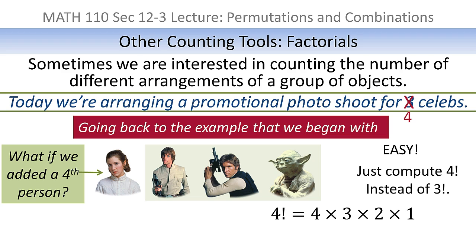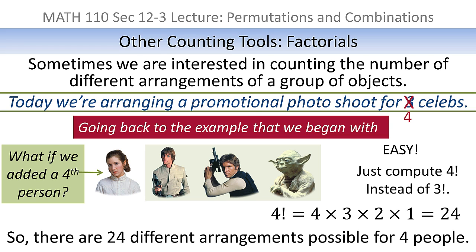And of course 4 factorial is 4 times 3 times 2 times 1, which is 24. Much easier than trying to do a brute force method. So there are 24 different arrangements possible if I add a 4th person to that promotional video.